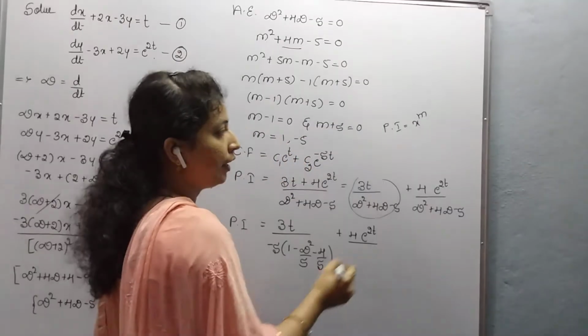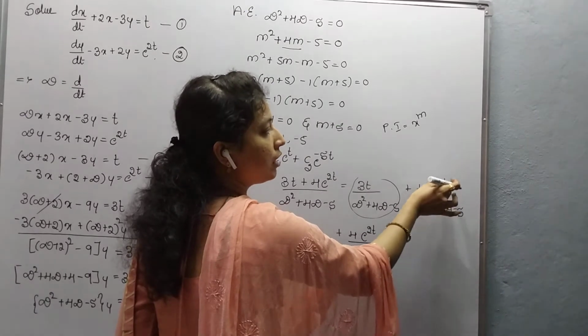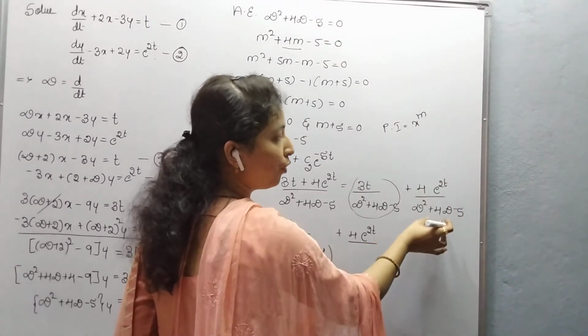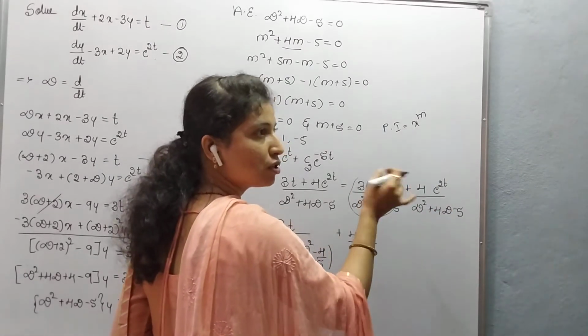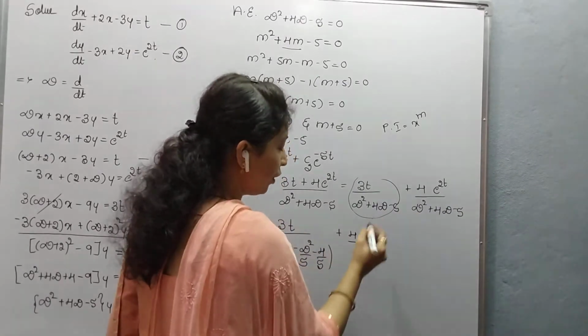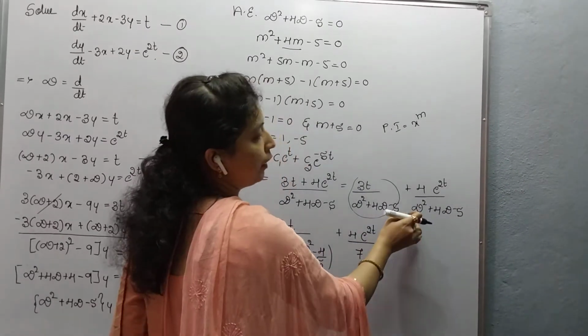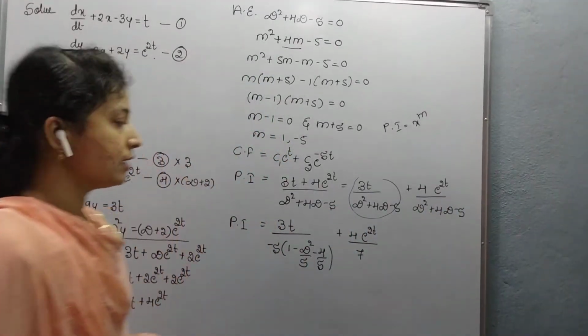This is the particular integral of the first form, of the form e raised to ax, so we substitute D equal to a, the coefficient of x or the coefficient of t. So D is equal to 2, then we get the value as 7, that is 4 plus 8, 12, 12 minus 5, we get 7.